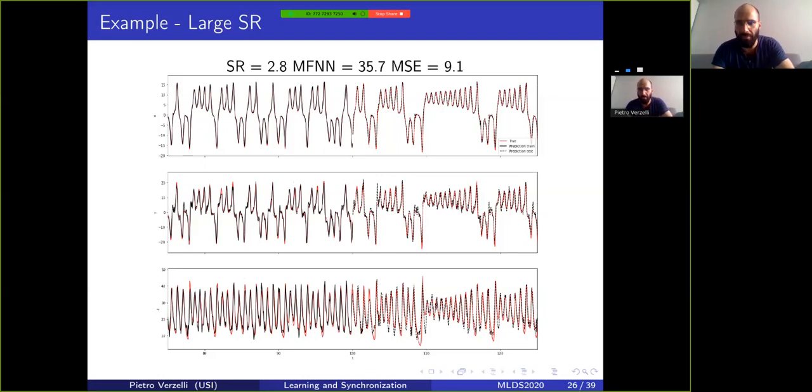There are some phases if you look at the top panel, while the other two completely fail, also in training, but also in the test phase, of course, and there is a kind of noisy behavior. And there's a correspondence between the error and the synchronization.